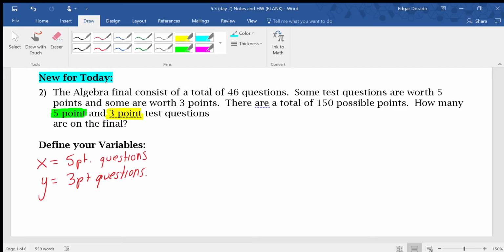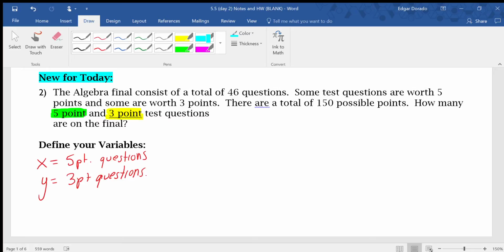Let's go ahead and reread this, and you'll notice that there's a word here that we consistently use right before the numbers. So it says, the algebra final consists of a total of 46 questions. Some test questions are worth 5 points, and some are worth 3 points. There are a total of 150 points possible.